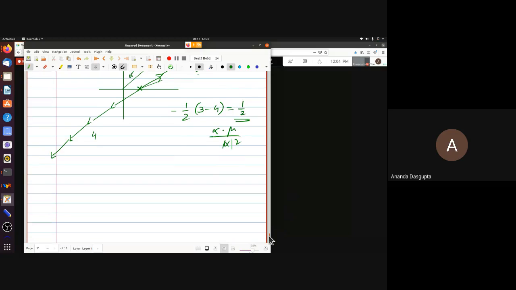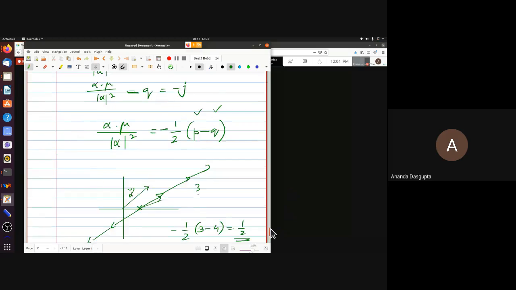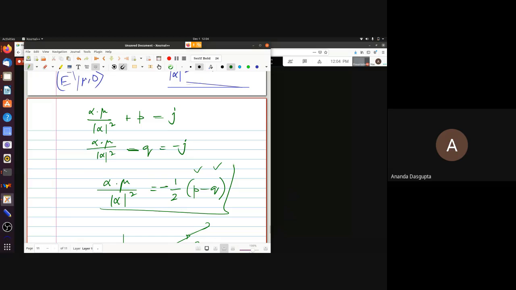Now, for which representation is this true? This statement, that alpha dot mu by alpha mod square has to be minus half p minus q? The entire procedure was followed using SU2. No, we were using SU2 made out of this.